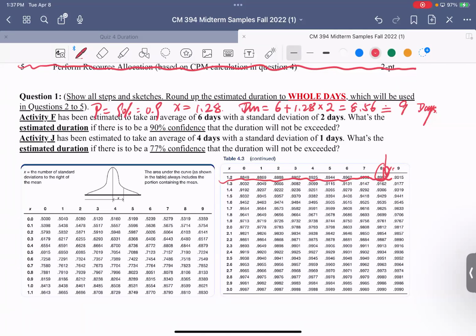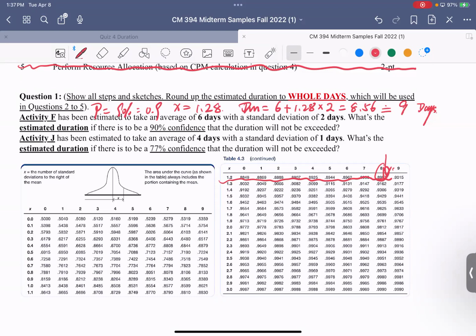So X is 1.28, mean is 6, standard deviation is 2. Putting them into the equation, you will get 8.56. You round it up to 9. Is that correct? Yes, you have to, because your CPM calculation only takes whole numbers.